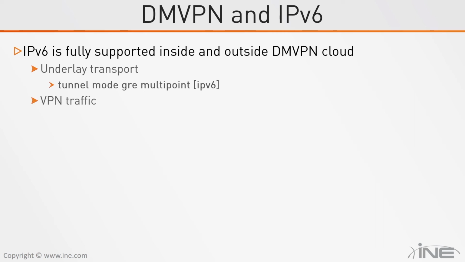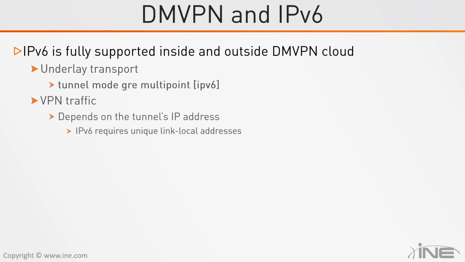So assuming that you want to protect IP version 4 packets, you will have to configure an IP version 4 address on the tunnel. If you want to protect version 6 packets, you will have to configure the tunnel with a version 6 address.